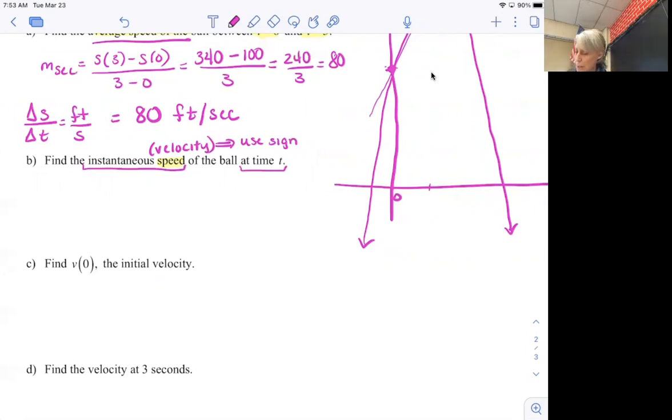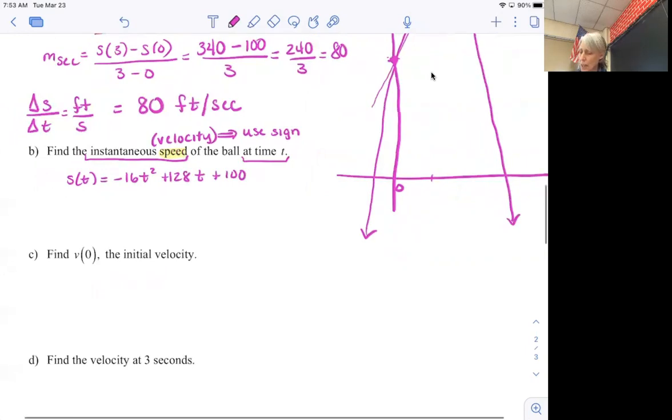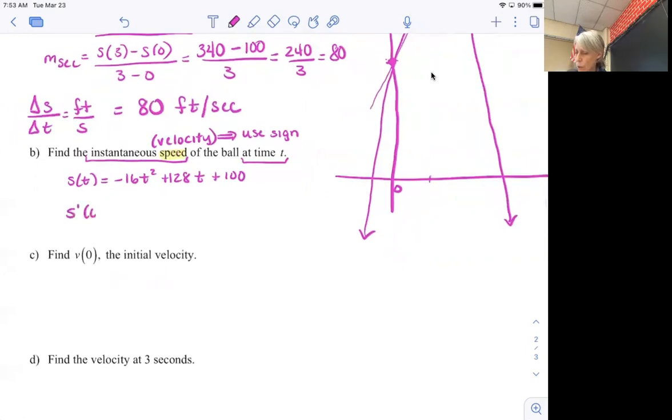Instantaneous speed of the ball means that you're going to take this original function, and if you want to find the speed of the ball at any given time t, we're going to use the derivative. And remember, this is what we call a velocity function.